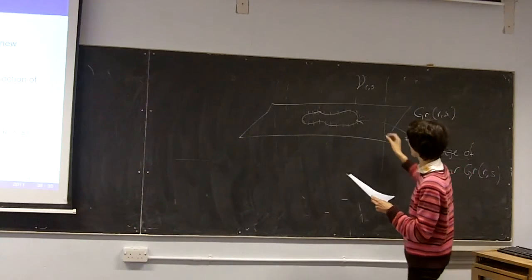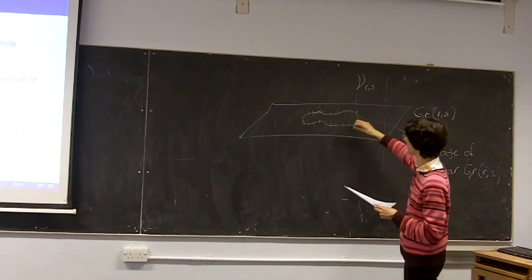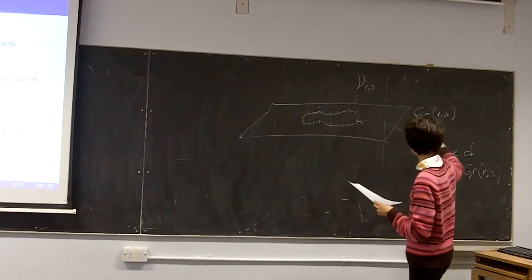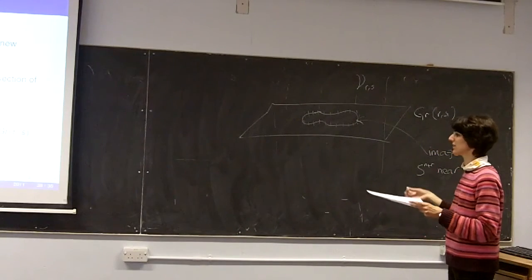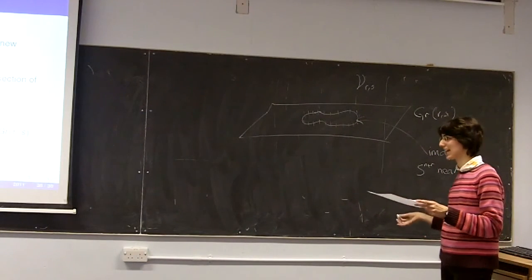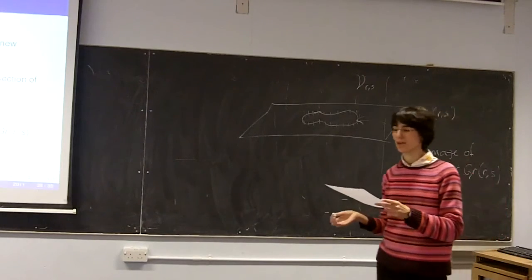Once we've made this manifold so that the map is transverse, then we can stretch it to infinity and get our map correct.